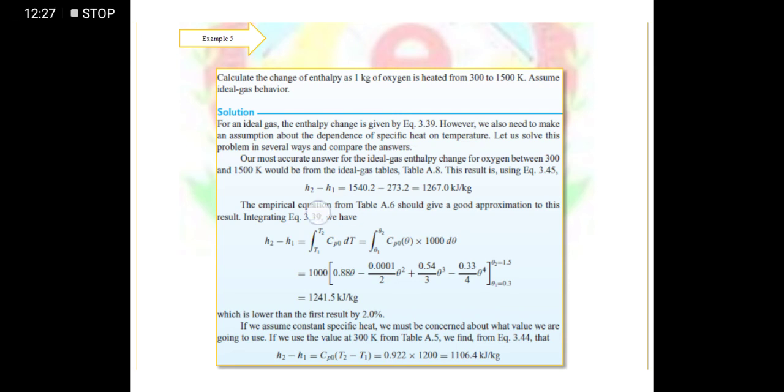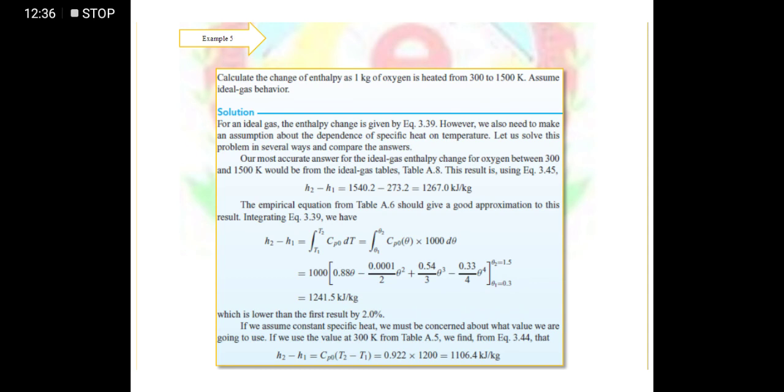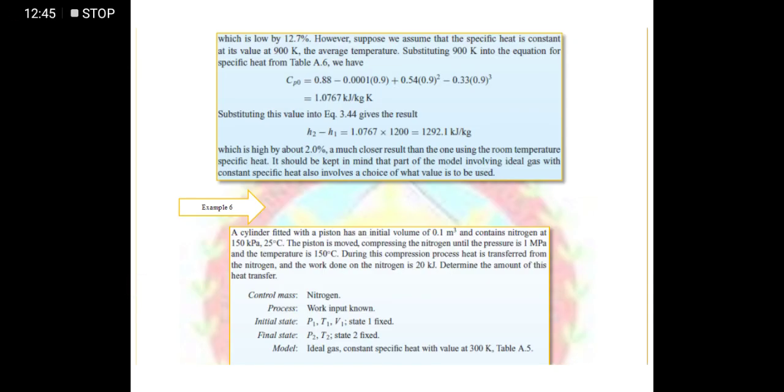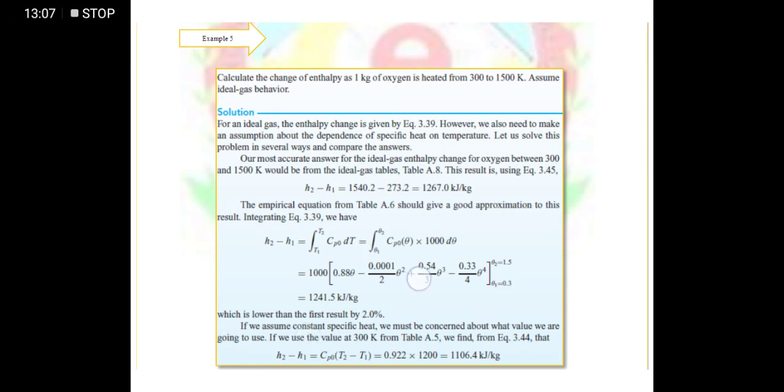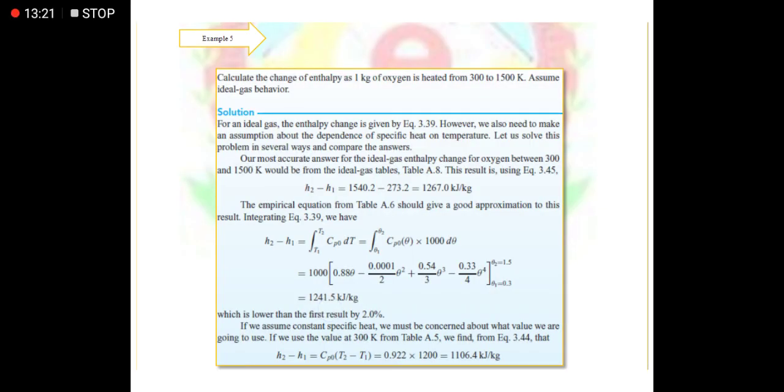Let's read this one. The solutions are all similar. Here, we just take the change of enthalpy, H2 minus H1, using the Cp sub O we calculated from table A.6, then multiply it by the value of the change of temperature, which is 1,200. So, by using these different tables, we can find the change of enthalpy in different ways: it can be done this way, this way, or this way.